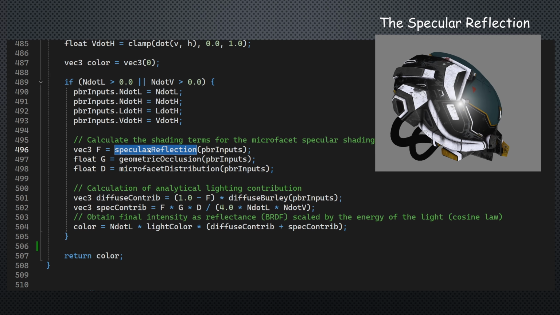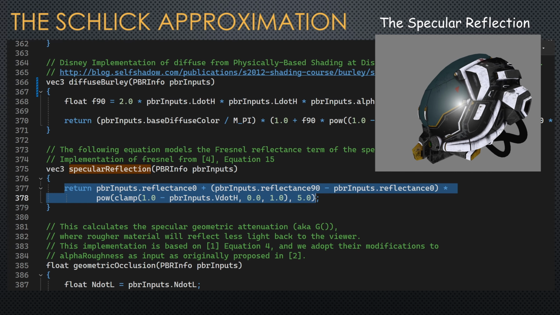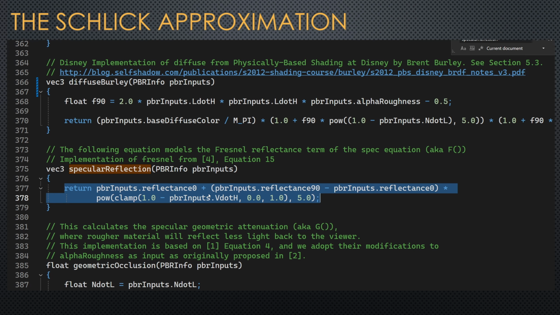The specular reflection is calculated using a slight variation of the Schlick approximation of the Fresnel equations. Instead of using 1 here, we have reflectance 90, which represents the reflectance at grazing angles. Using a variable here allows more control to the artist and is especially important for materials such as skin, cloth, and hair. Remember that reflectance 90 was calculated in an earlier stage of this tutorial.